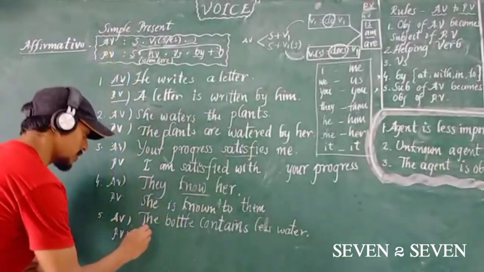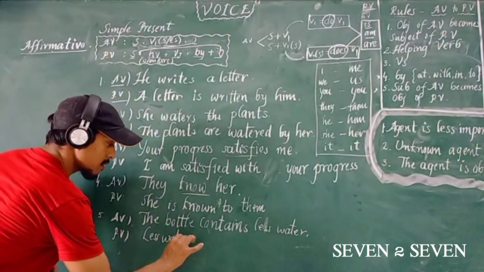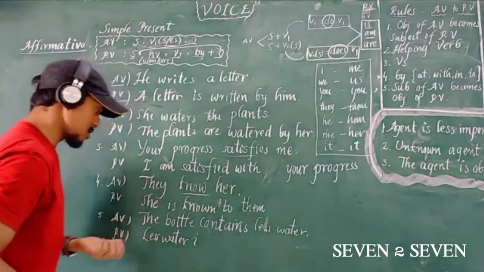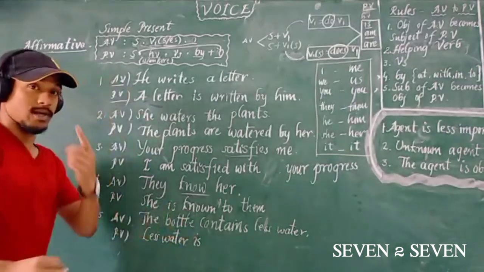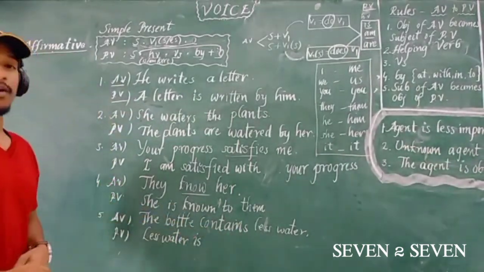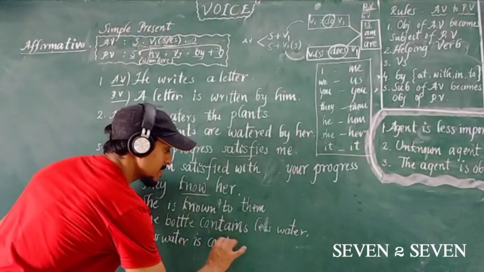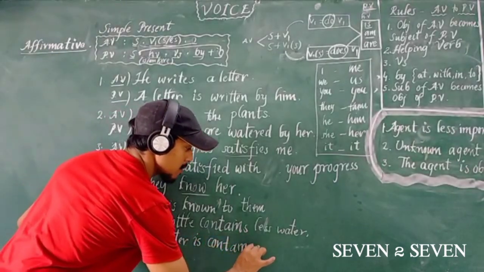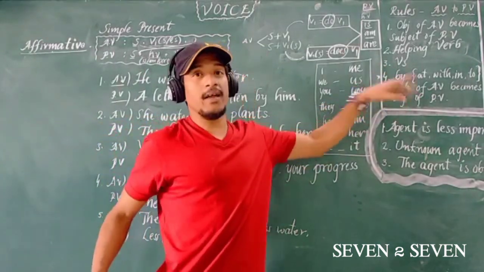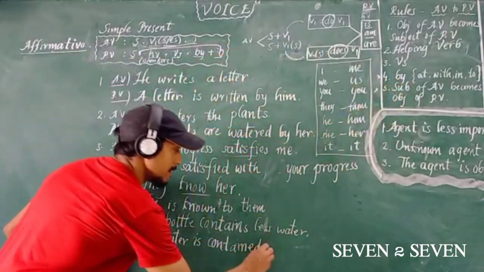Less water. Good. Less water. Water is always uncountable, so we consider it singular. Less water is, what's the verb here? Contain. Start from contain. Start from completely the fourth point, by, but not always, as I said earlier. Then what is the suitable one? In.